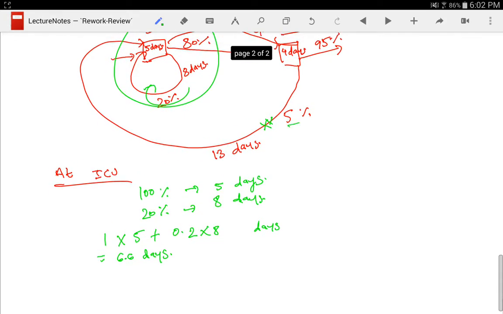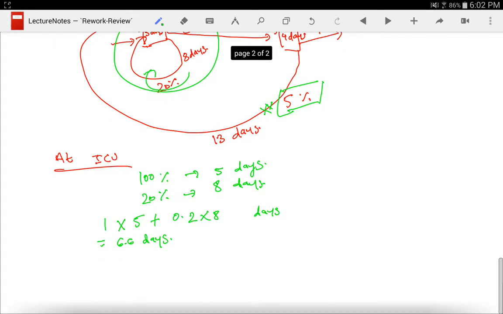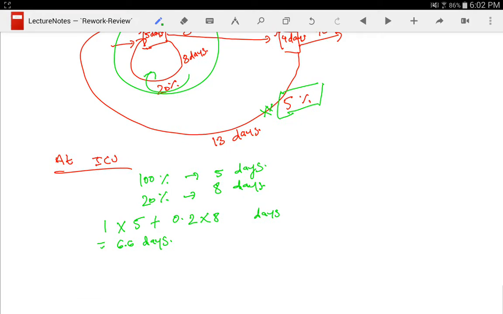So how many of them are there? Only 5% of them, and they spend 13 days. So we have another 5%, 0.05, that needs service of another 13 days.